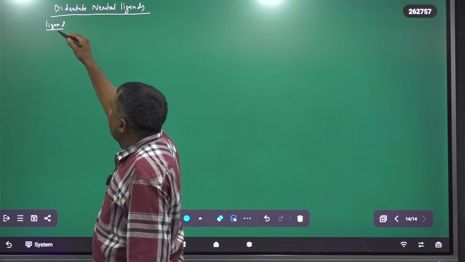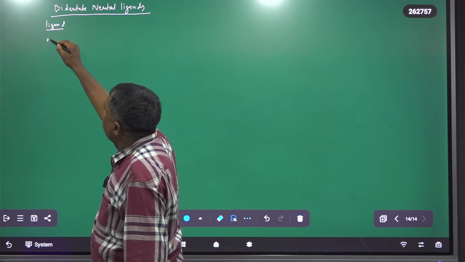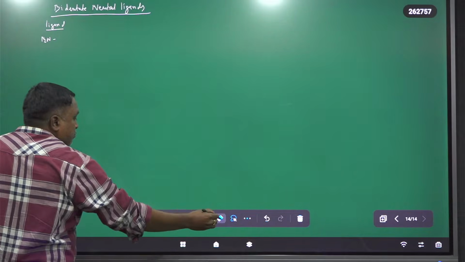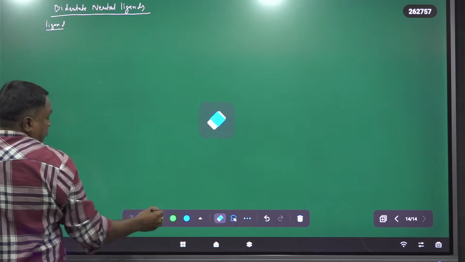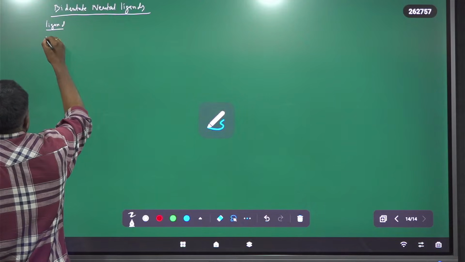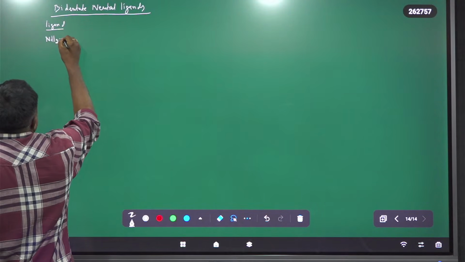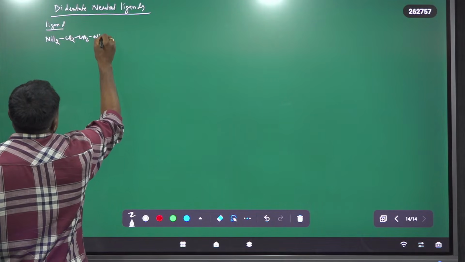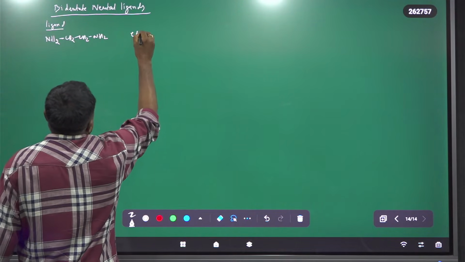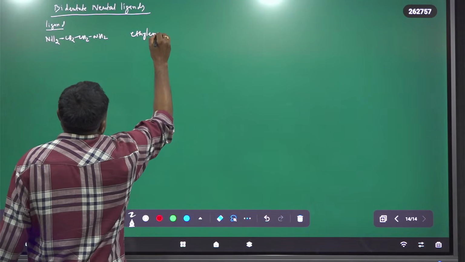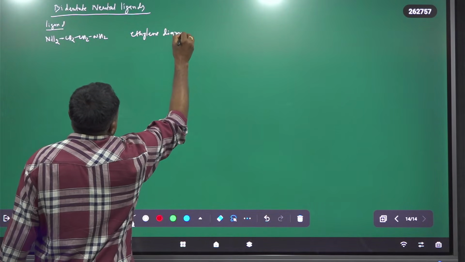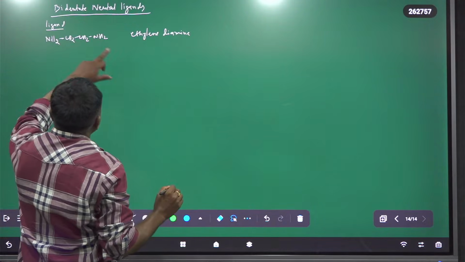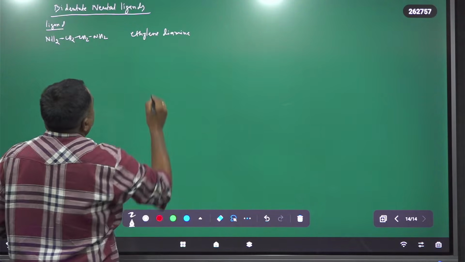ethylene diamine. NH2 CH2 CH2 NH2. This is ethylene diamine. CH2 is the ethylene, and we have 2 nitrogens, therefore ethylene diamine.